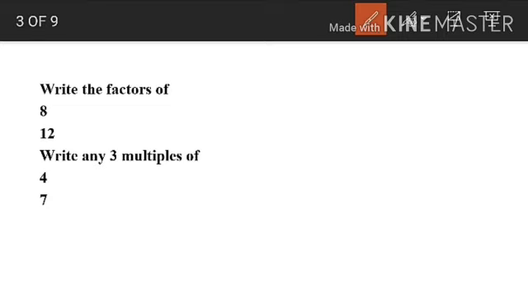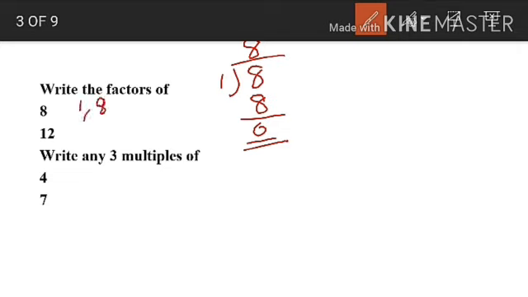So let us divide 8 by 1. When we are dividing, we get the quotient as 8. 1 into 8, we get 8. When we are subtracting, it is 0. So both 1 and 8 are the factors of 8.